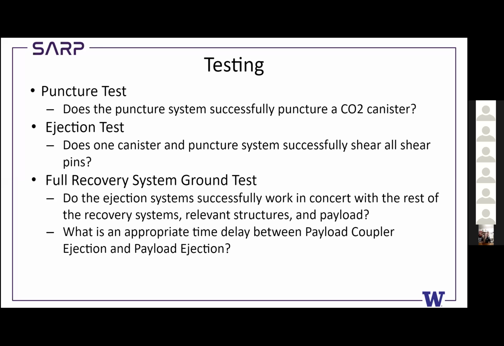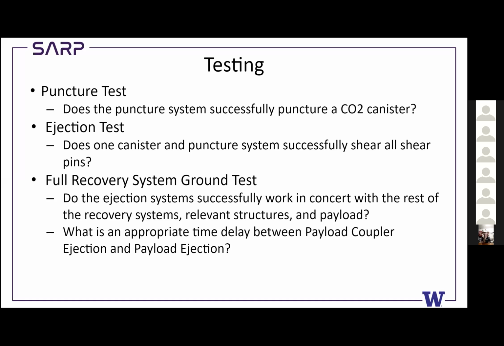So we have 3 types of testing. One is puncture testing, where we just want to be assured that our puncture system actually successfully punctures a CO2 canister. Then we'll do ejection testing, which is making sure that the gas is enough to actually shear the shear pins to separate whatever's being separated.